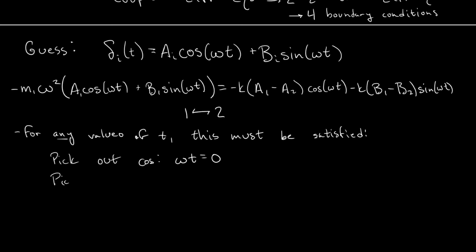And then we can also pick out just the sines by considering when omega t is pi over 2. And of course here, all of our cosines will drop out, but we'll keep our sines. This is actually a very neat trick, and there's a deeper reason why you can do this with sines and cosines, but this is a really good way of thinking about it for right now.